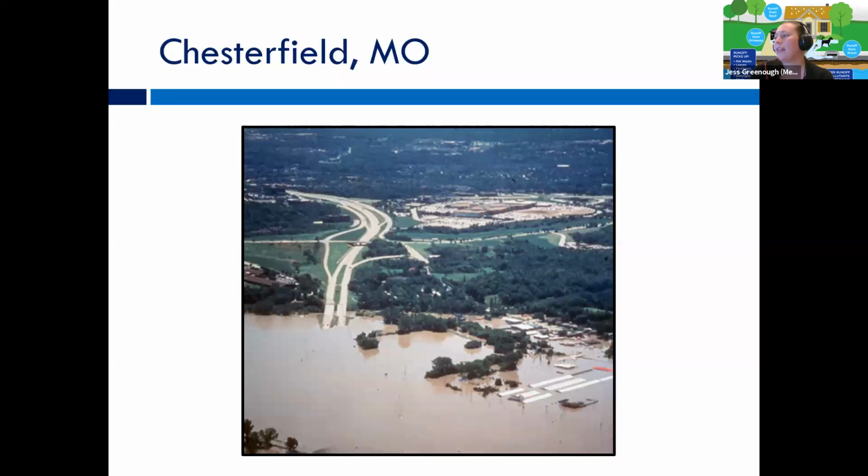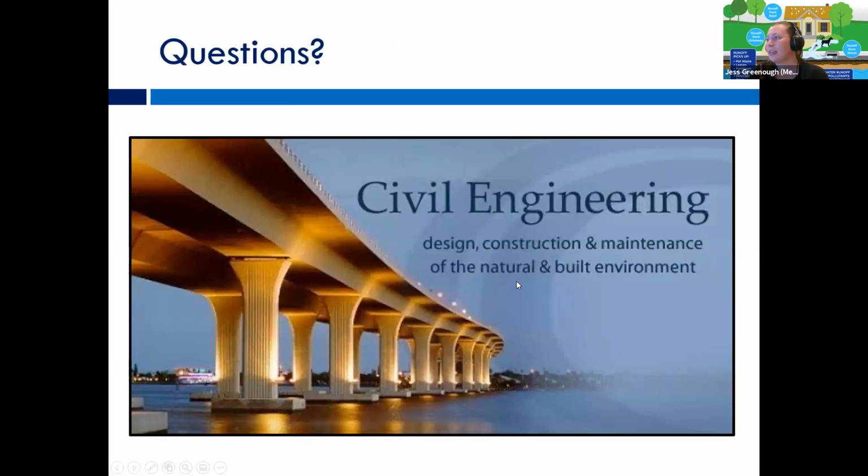And that's Chesterfield, Missouri, where the river sits about 30 feet higher than this entire town. So the entire town floods every time the river overtops, which is how you work against your landscape if you're a civil engineer. So that's it for me.